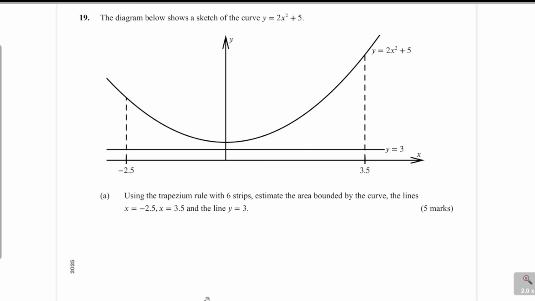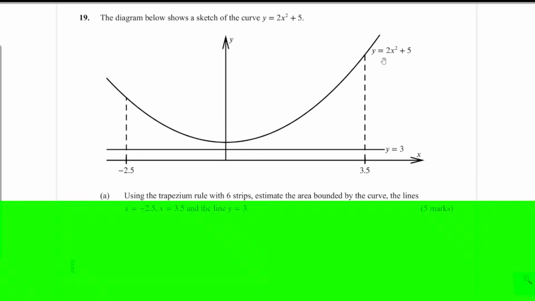Question 19. The diagram below shows a sketch of a curve y = 2x² + 5. Part A, using the trapezium rule with 6 strips, estimate the area bounded by the curve, the lines x = -2.5, x = 3.5, and the line y = 3.